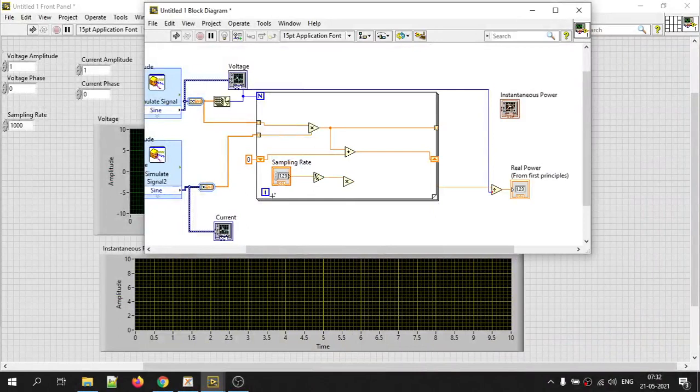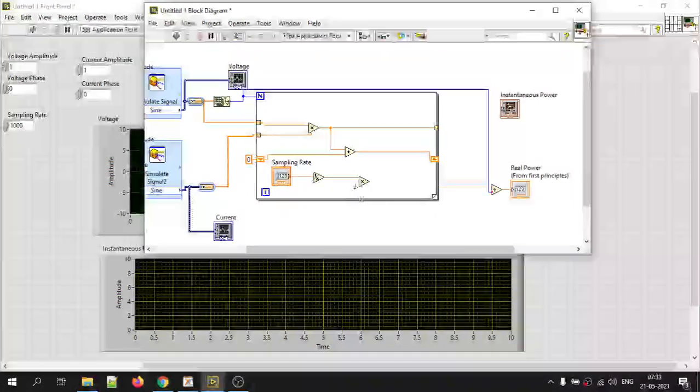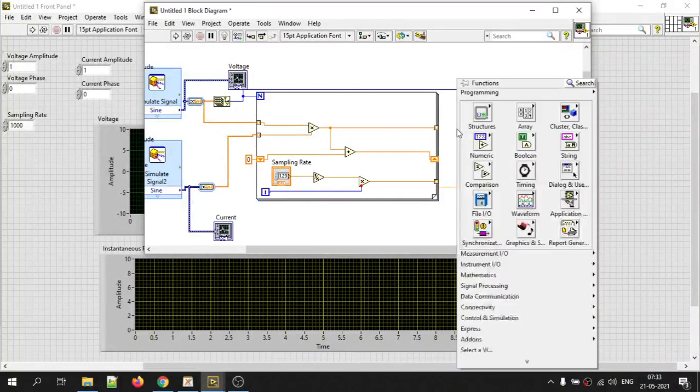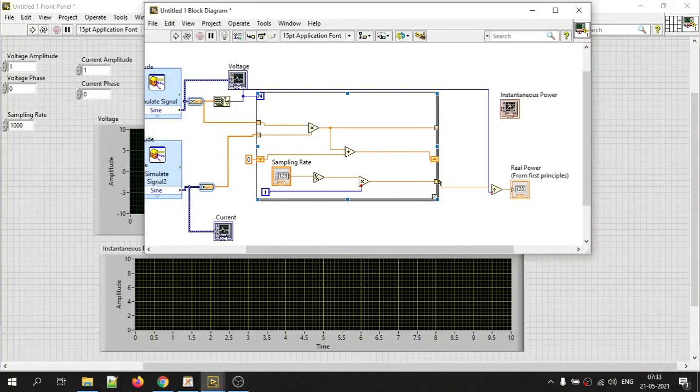So I am going to multiply with the iterating variable i in the for loop. Just take it outside.